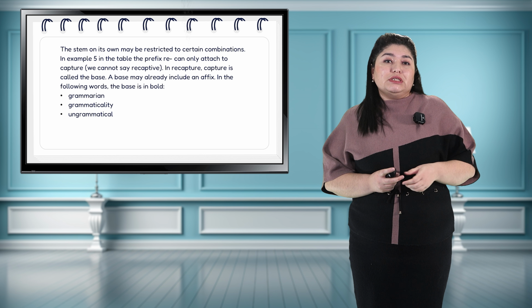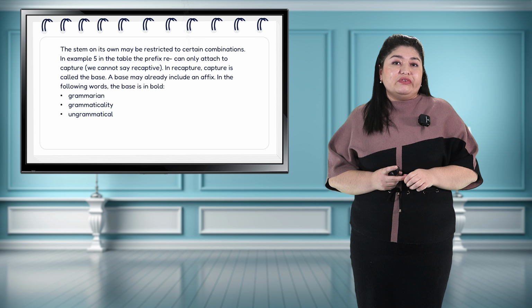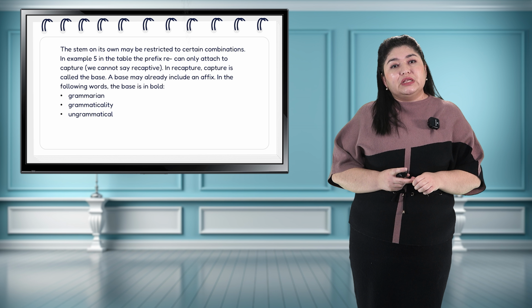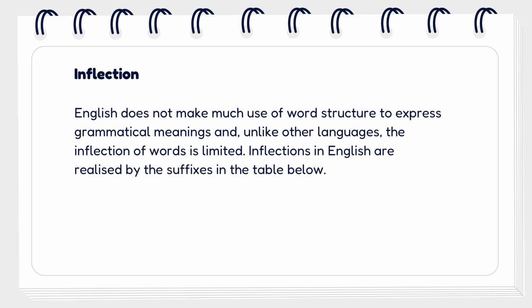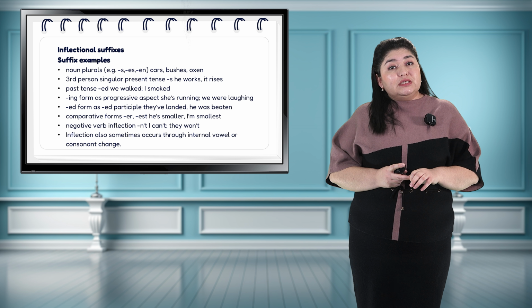Grammatically, morphology is dealt with under areas such as tense, aspect, person, voice, and number in other chapters. English doesn't make much use of word structure to express grammatical meanings, and unlike other languages, the inflection of words is limited.